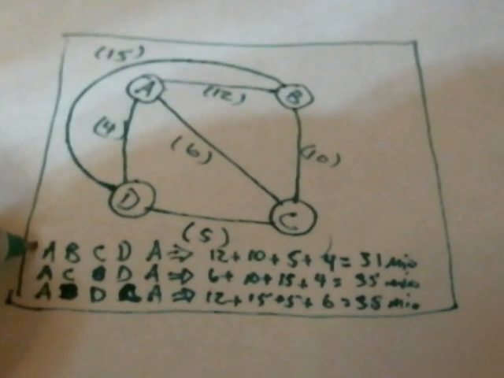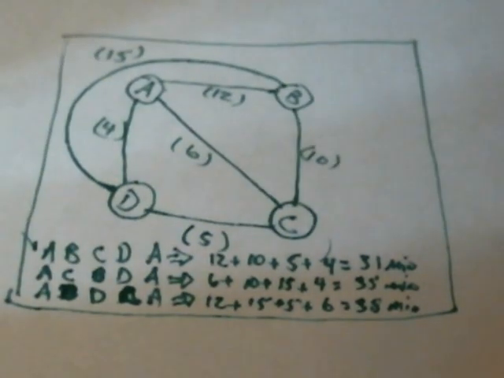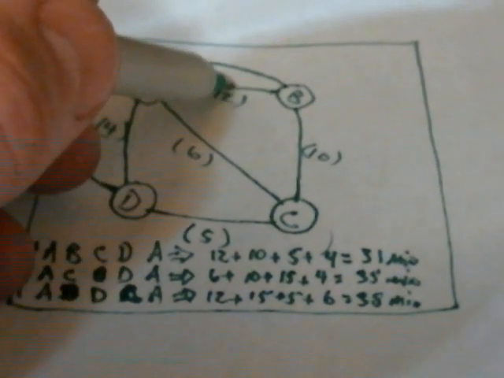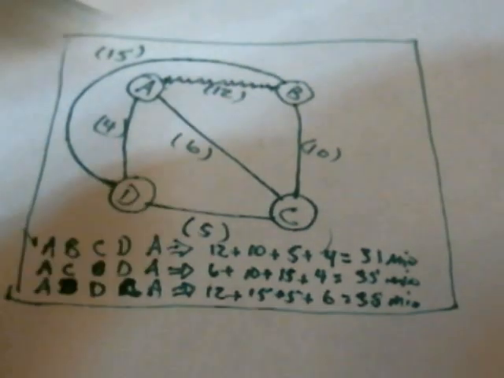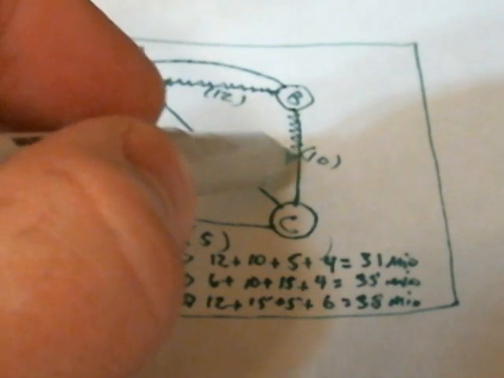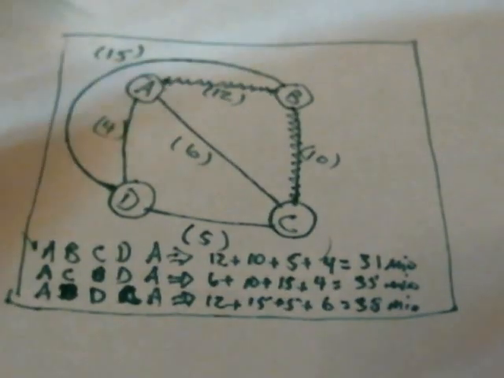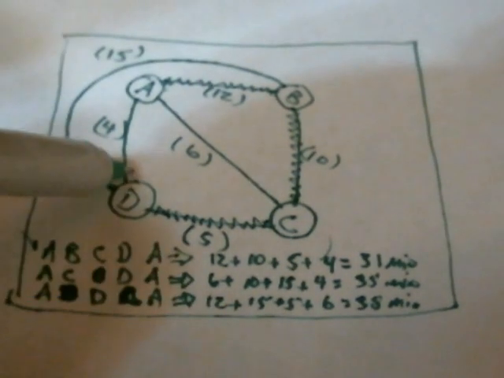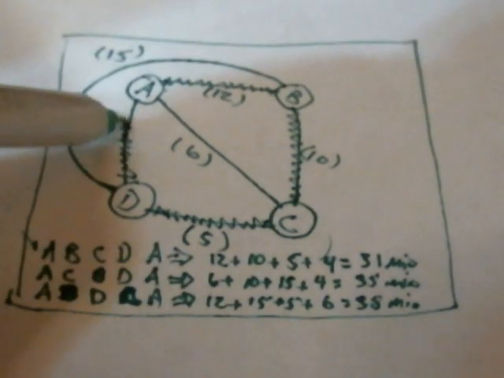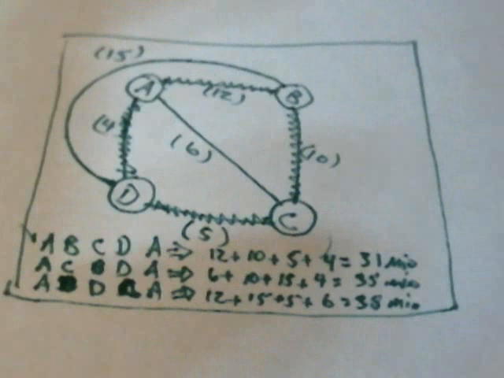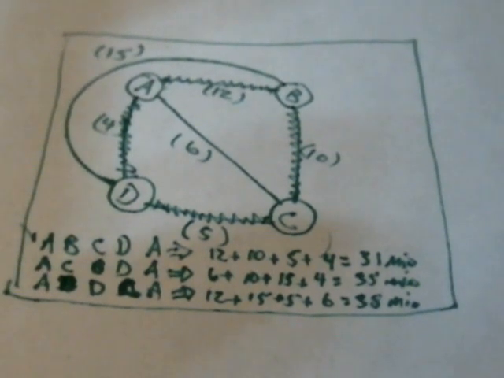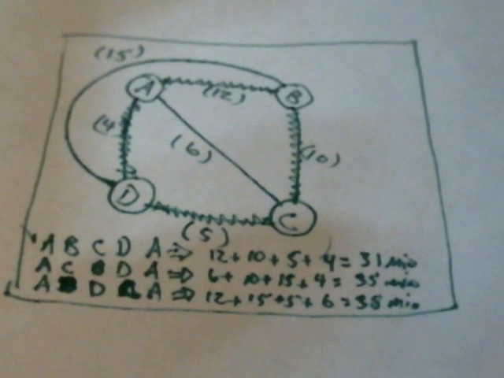And in this case, we see that the very first one we chose, the route from A to B, and from B to C, from C to D, and then back to A, is the shortest route. That's the brute force method. Check every possible route. The one that is the shortest is the solution to your problem.